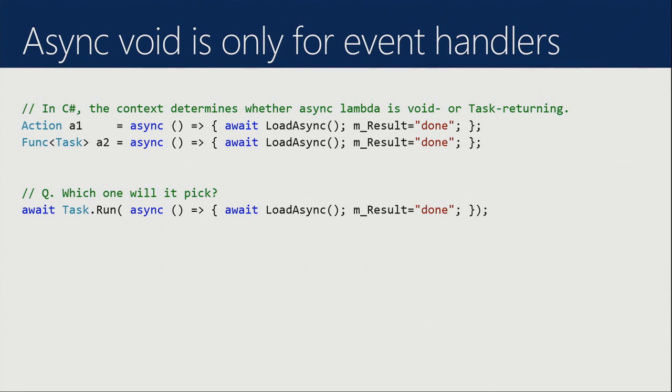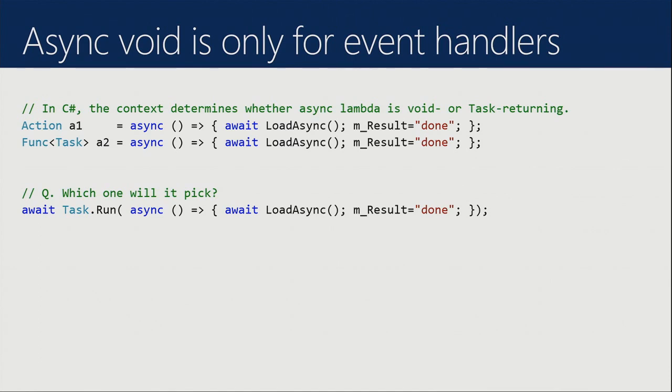You can't always see when you're doing async void. We have async lambdas in the language. Now, a lambda expression does not declare its return type, so you can't look at a lambda and see whether it's void or not. It so happens that async lambdas that don't return anything in their body convert just fine to delegate types that have void return, and they convert fine to delegate types that have a task return.